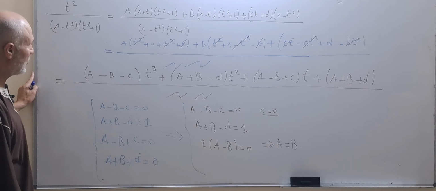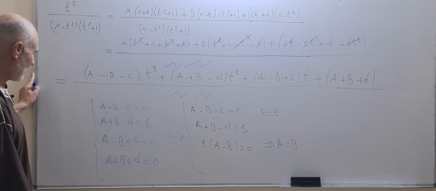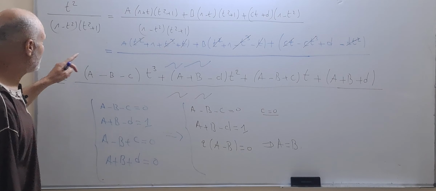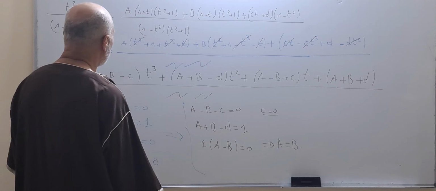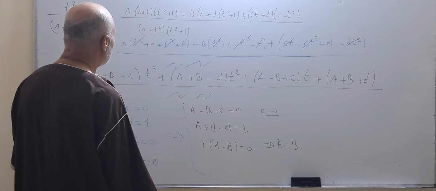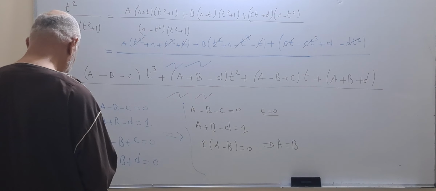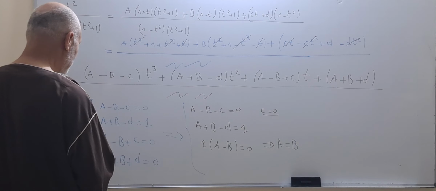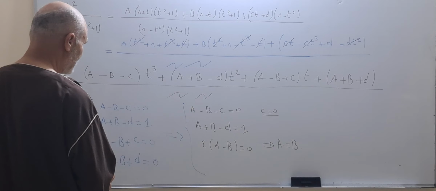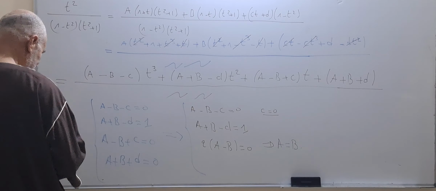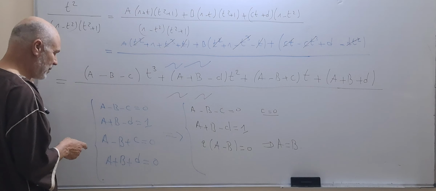I think that I made mistakes. I'm mistaken about the calculation. T square plus 1 plus T power 3 plus T plus B. A equal to B. If we add this to each other, we get A minus B equals 0.